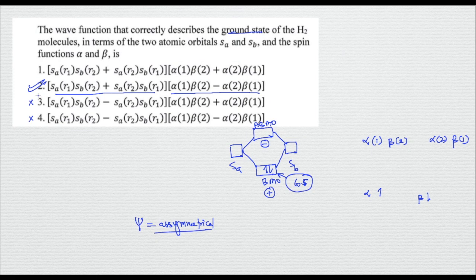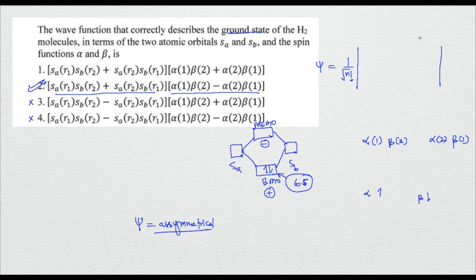Either you can do it like this, or you can form the determinant and solve it by 1 upon root n factorial, and so on. I have already made a video on this, so I guess you have already watched it. In case you have missed it, I'll push that video over here in the I button.